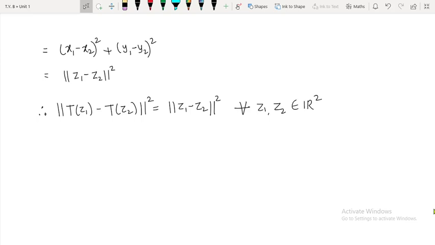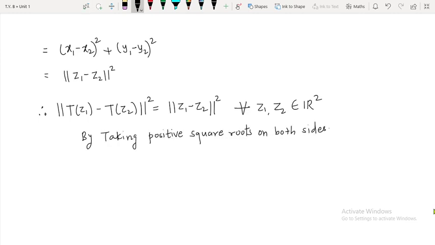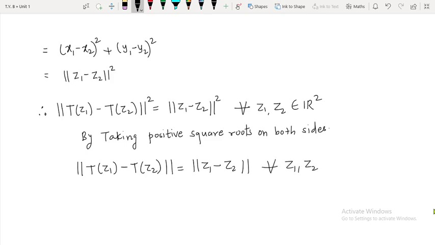Therefore by taking positive square roots on both sides, you are going to get norm of T of z1 minus T of z2 equal to norm of z1 minus z2 for all z1, z2 belonging to R2. Note that this is a comma. If you want, I will write it properly. This is also a comma. So therefore T is an isometry.